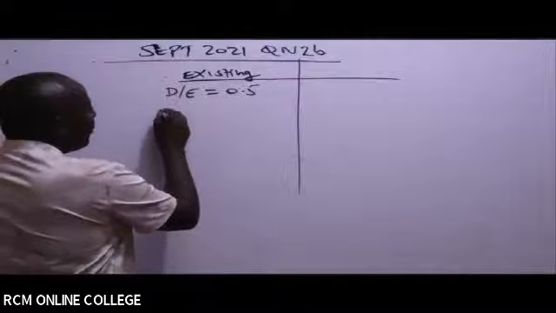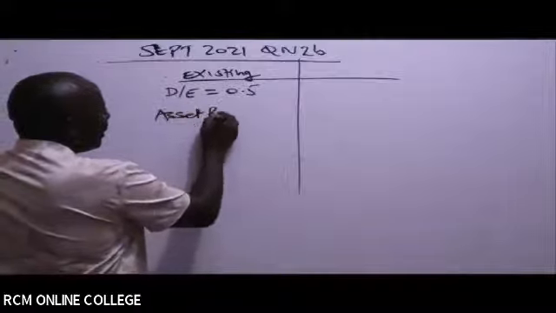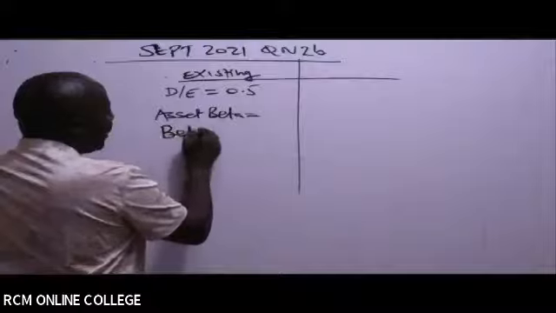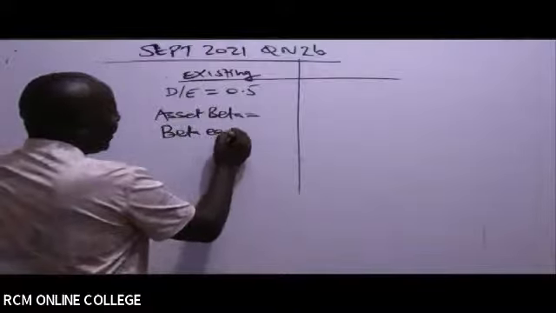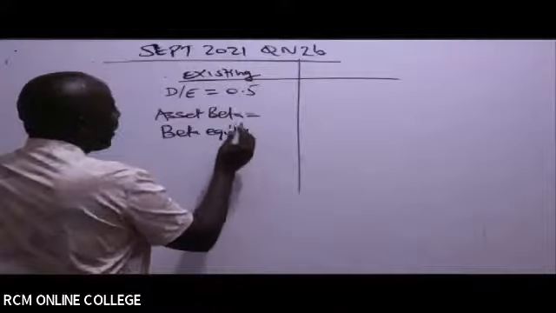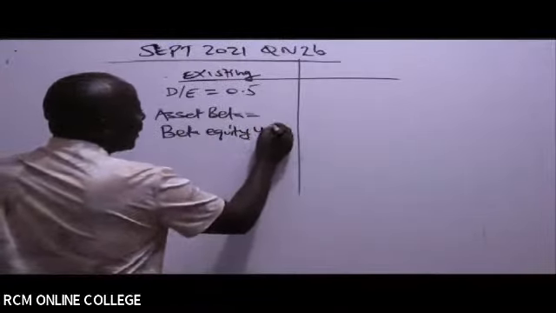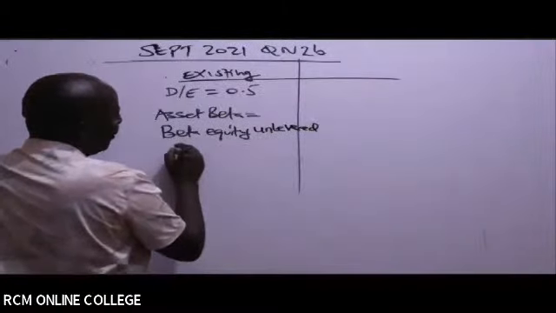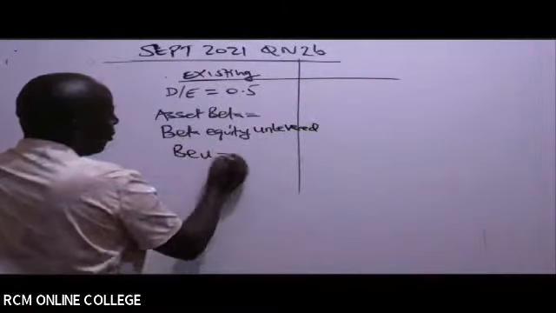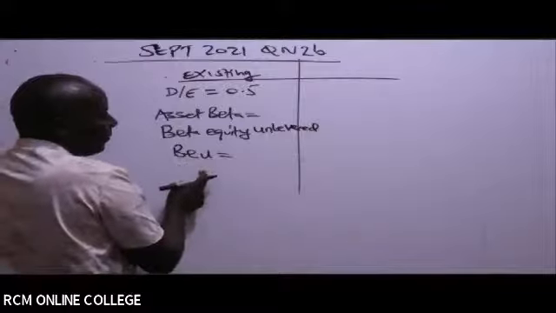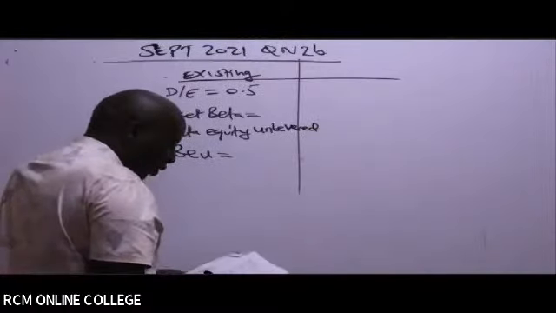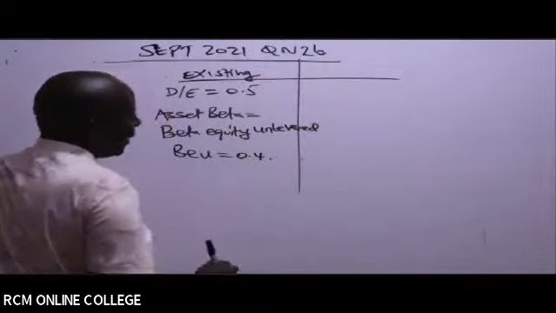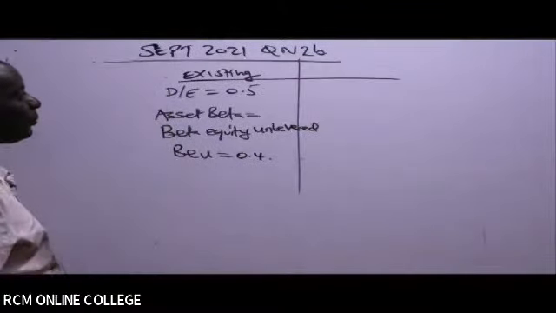So in this case, we have asset beta, which is the same as beta equity unlevered, what we shall be calling BEU or unlevered beta equity. They are telling us it is 0.4.